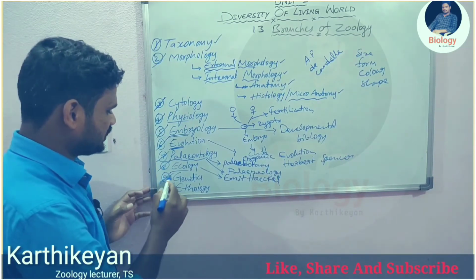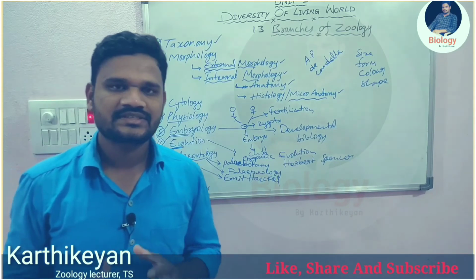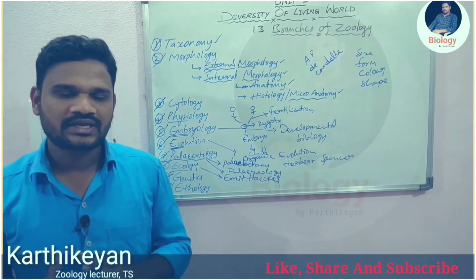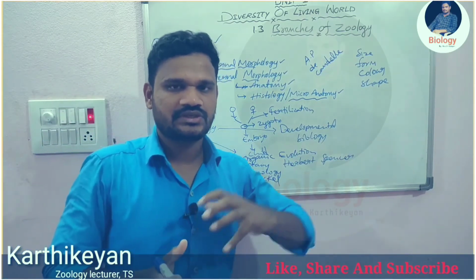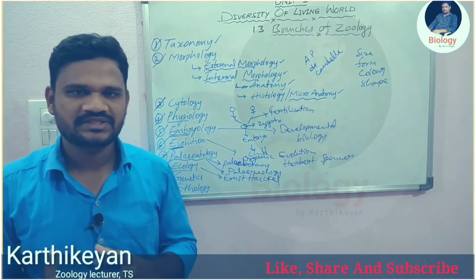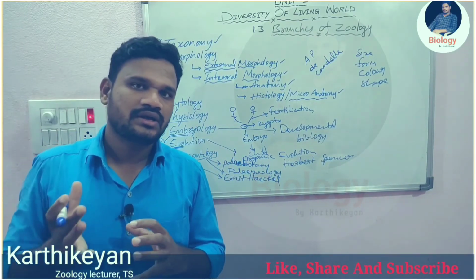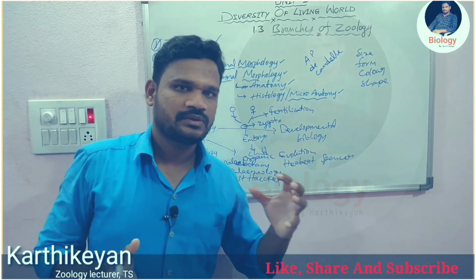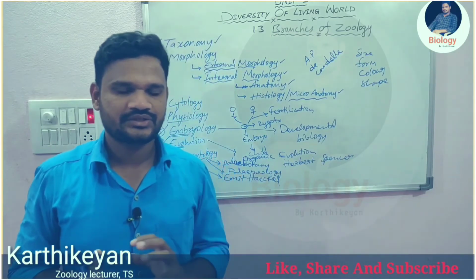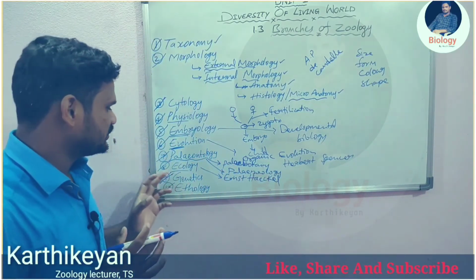And next, genetics. Genetics means it is a study of how the characteristics are transporting from one generation to next generation, which means the variations or heredity characters are transforming from one generation to another generation. That study is known as genetics, right?